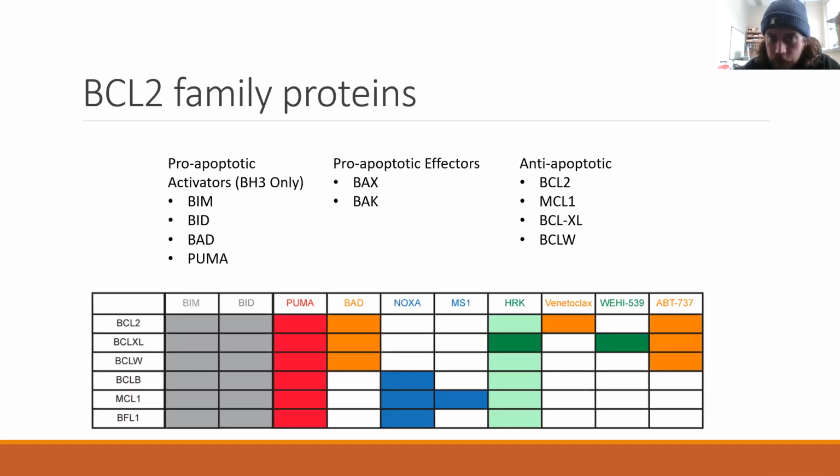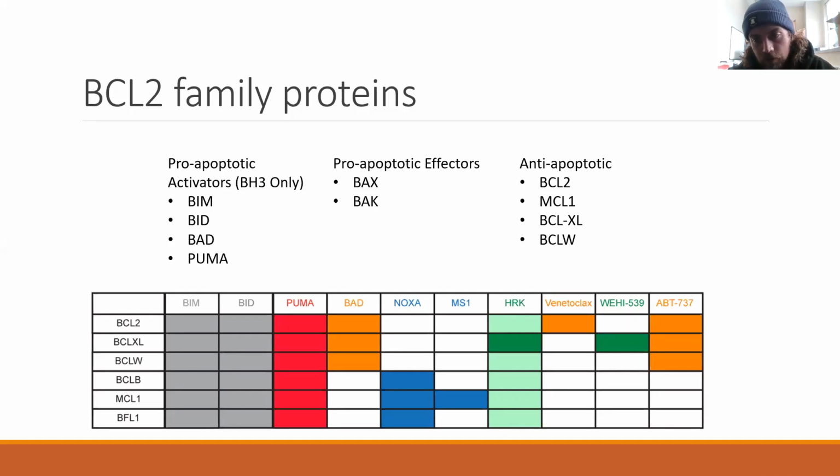There are more proteins than this involved in the pathway. There are 15 plus BCL2 family members, but these are the most important ones for analyzing the apoptotic competency of our cells, including the anti-apoptotic BCL2, MCL1, BCLXL, and BCLW.